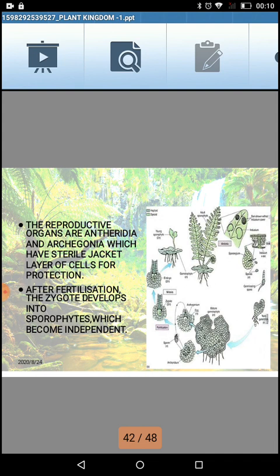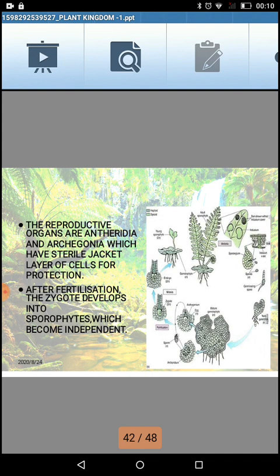This zygote will develop into an embryo, and then the embryo will finally develop into a small plantlet, which is sporophytic in the case of pteridophyte. So the diagrams we saw in the previous slides are the sporophyte stage of the pteridophyte category.